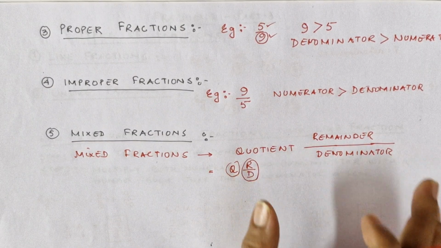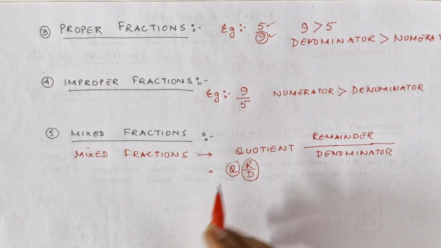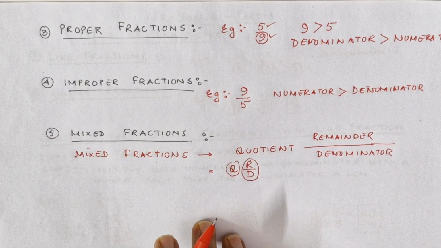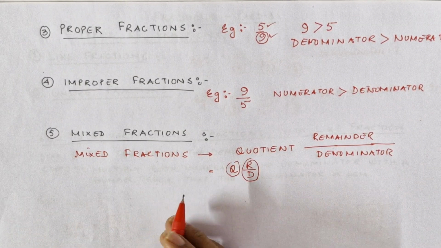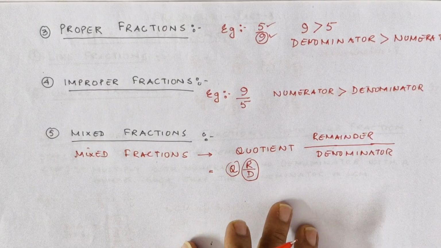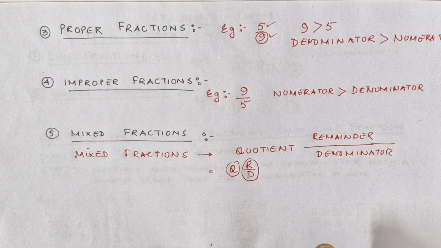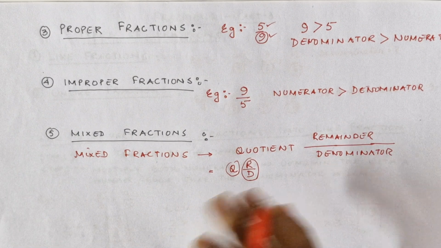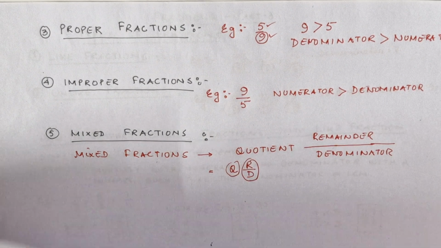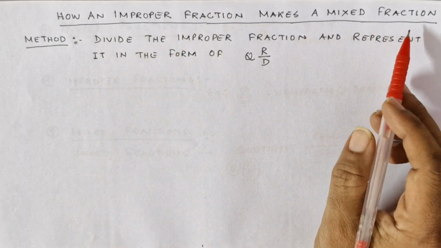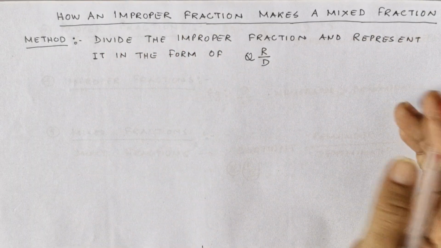Now, what we mean by this, let's take one example. Let's take the 9 by 5 example. So what is the method? We'll see how an improper fraction makes a mixed fraction.